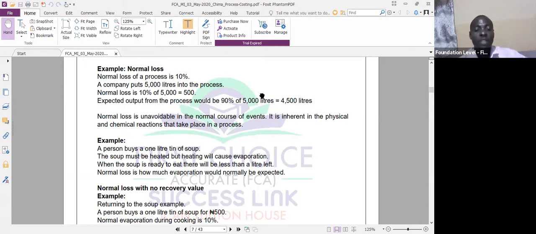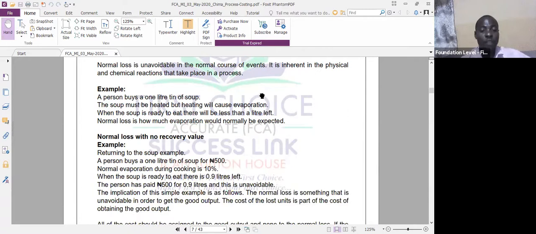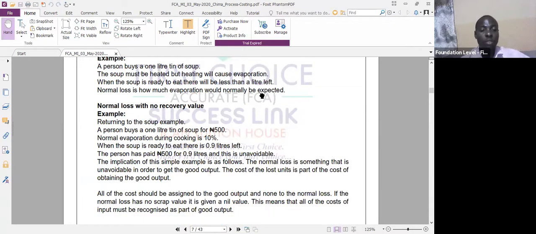So normal loss is how much evaporation we would normally expect. Now, there are some losses that are recoverable and those that cannot be recovered. Looking at the soup, when you are heating up the soup, you are getting a normal loss.